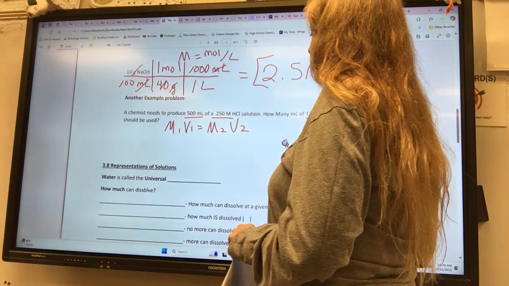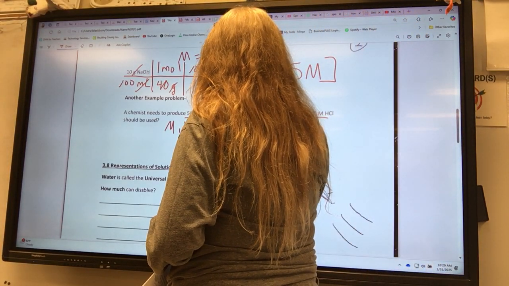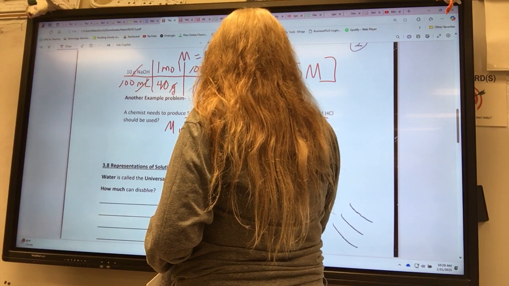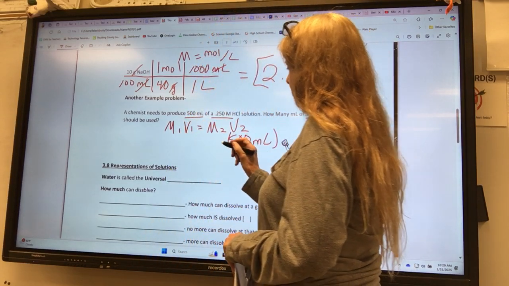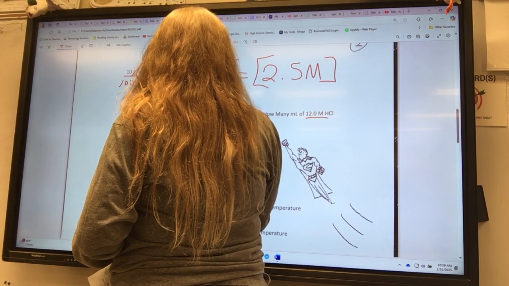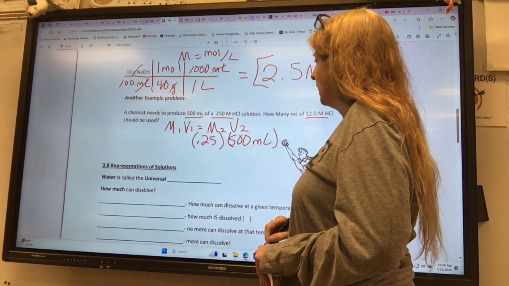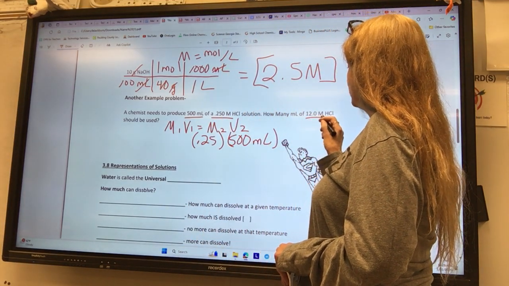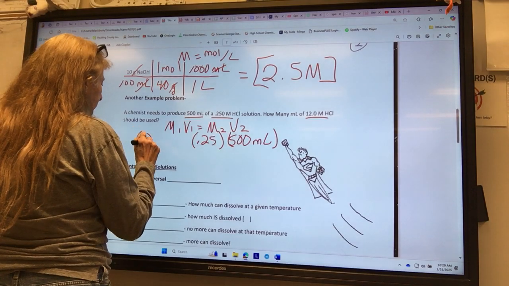A chemist needs to produce 500 milliliters, so that's my second volume. That's what I want. Of this concentration. I want it to be 0.25 is my concentration there. And what I have is 12 molar hydrochloric acid, so that's my concentration.